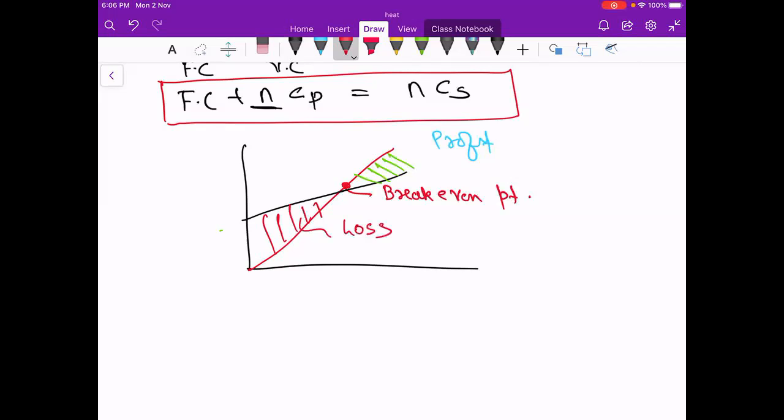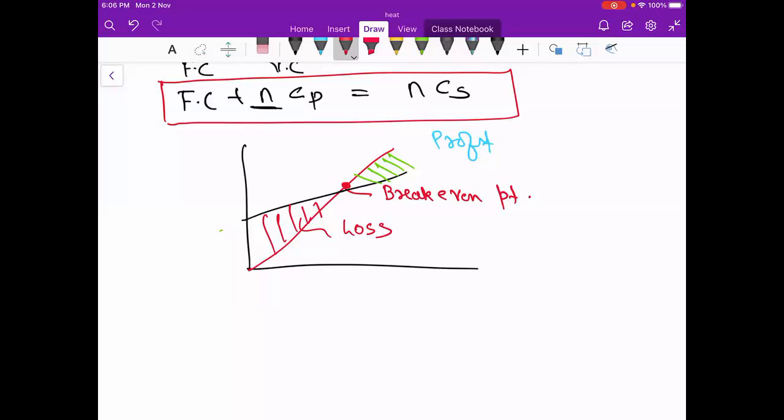That is why in real industry everyone wants to reach the break even point first. In short, break even point is that I want the money which I have invested back first. In daily life also, whenever you invest something, your first target is that at least that money should be returned to you.